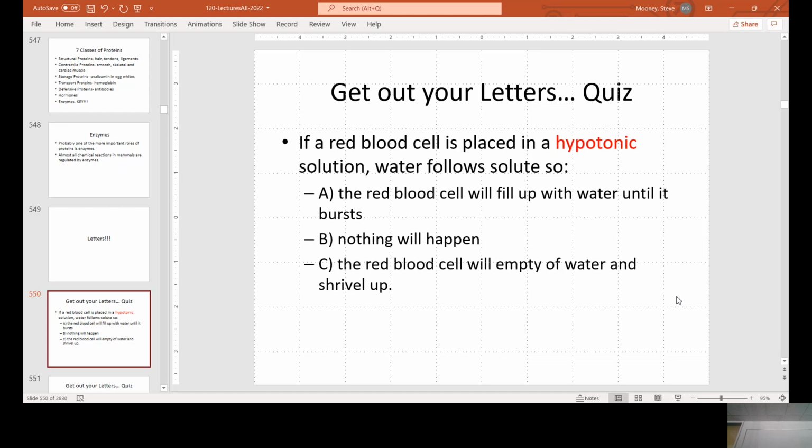The red blood cell is placed in a hypotonic solution. Water follows solute, so the cell will fill up with water until it bursts. Nothing will happen. The red blood cell will empty of water and shrivel up. So if we got a red blood cell, where's the high solute concentration relative to a hypotonic solution?